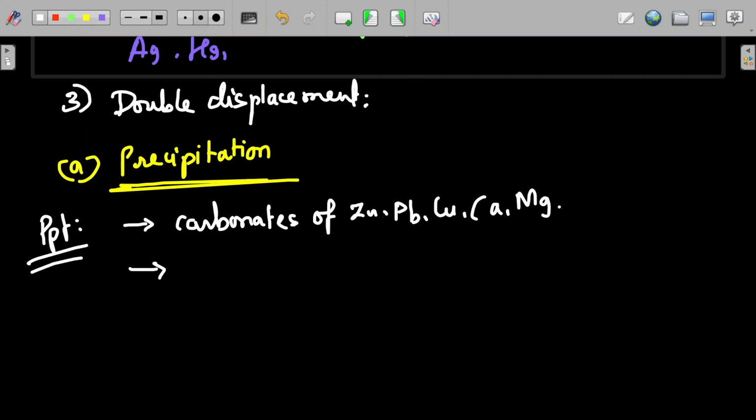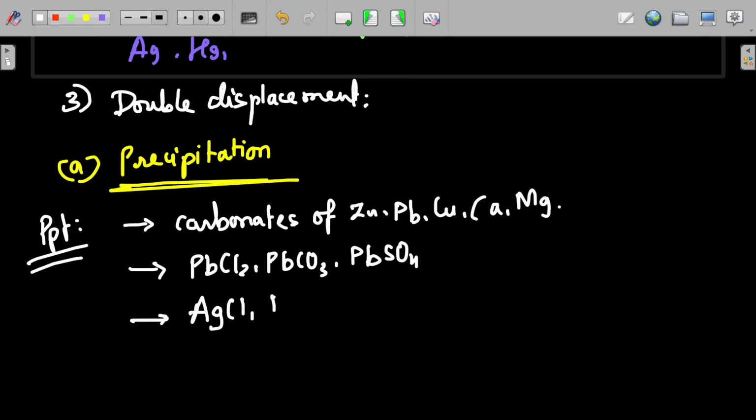And to be specific with lead, lead will form lead chloride as a precipitate, lead carbonate, lead sulfate. These all are precipitates. And apart from this you have general things: AgCl is a precipitate, barium sulfate, AgCl, barium sulfate, these two. And barium chloride, no, barium chloride is soluble.